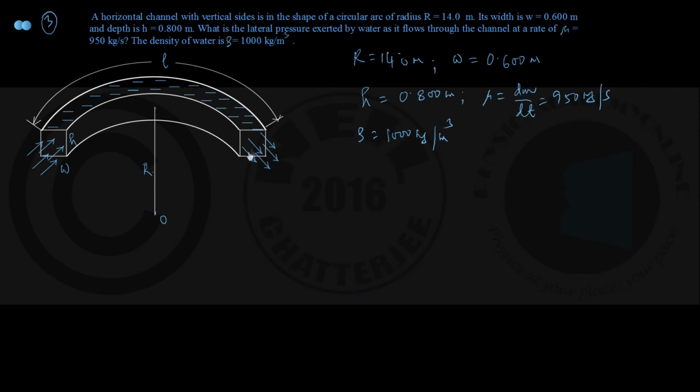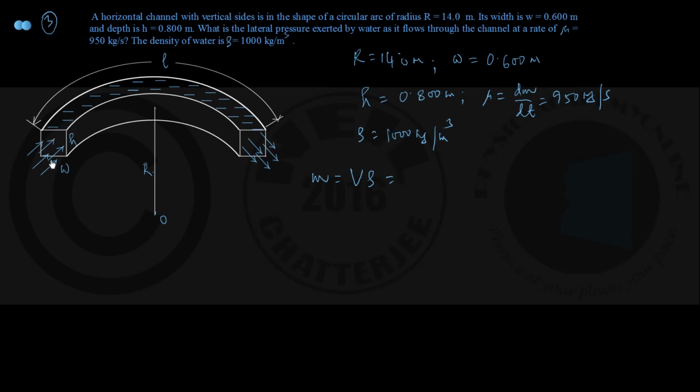So first of all, let us find out what is the mass of water that is remaining inside this horizontal channel at any given instant. The mass of water inside the channel at any given instant is given by the product of the volume of water inside into its density. So the volume of water is equal to the volume of this channel itself.